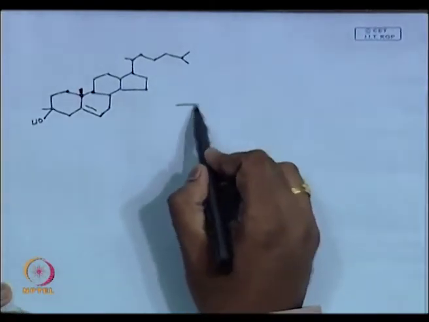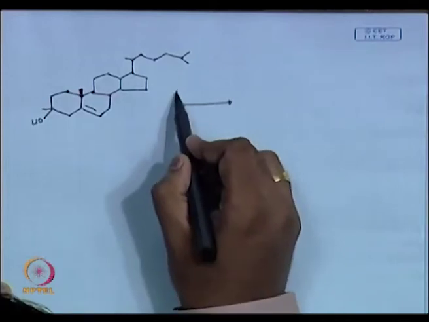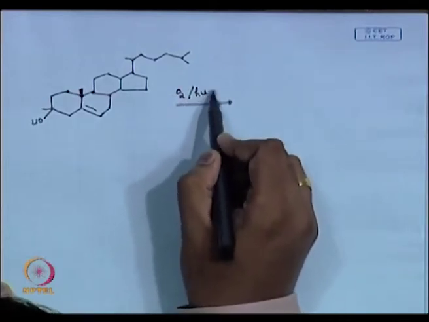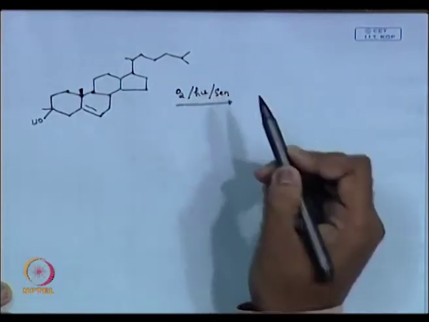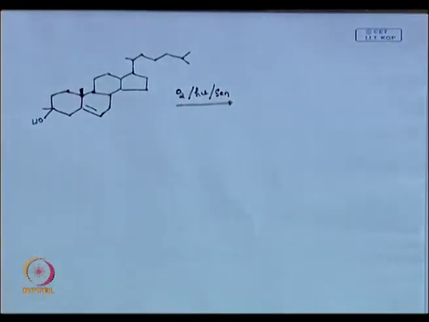Now, I take this and use oxygen photolysis in the presence of a triplet sensitizer, rose Bengal.